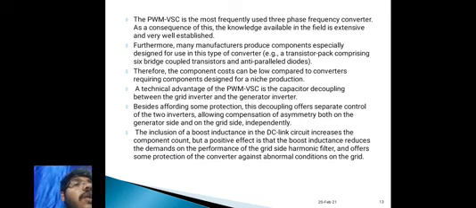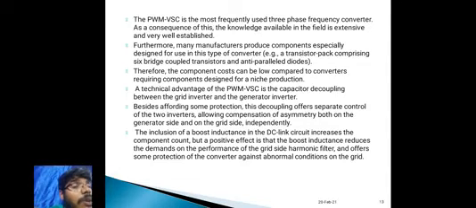In PWM, the voltage source converter is the most frequently used three-phase frequency converter. Extensive, very well established manufacturing products and components are especially designed for that type of converter.